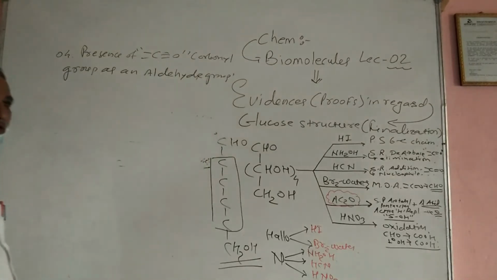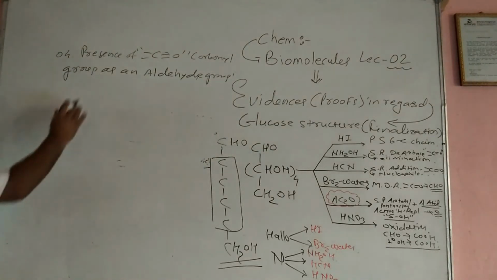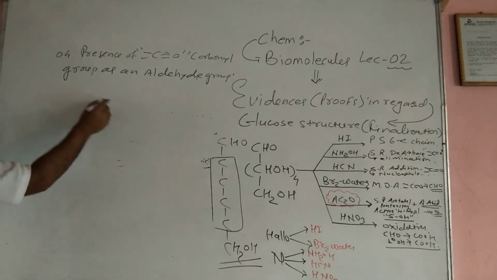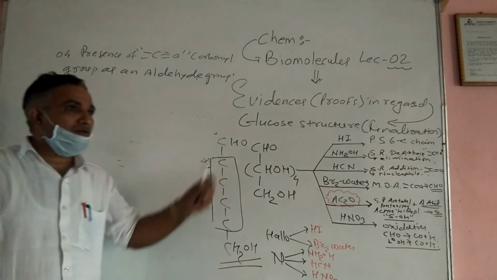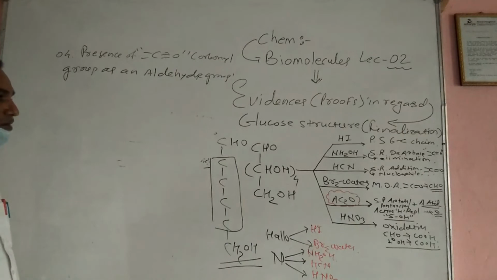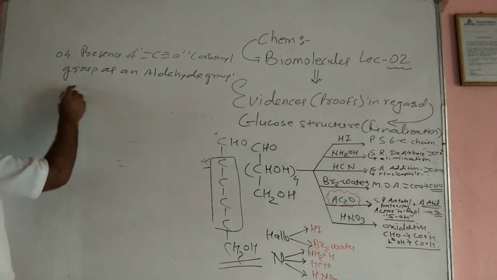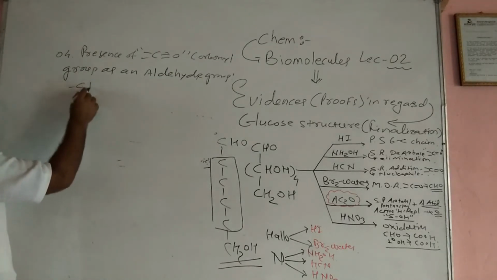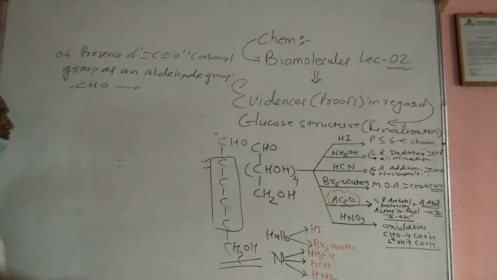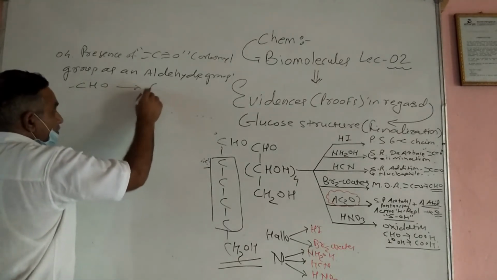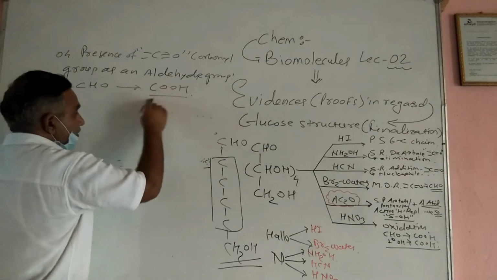You can carry out this reaction with the help of bromine water, which acts as a mild oxidizing agent, and this mild oxidizing agent is always responsible for the conversion of the aldehyde group into the acidic group.